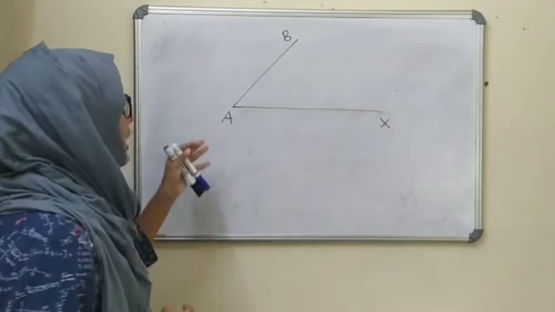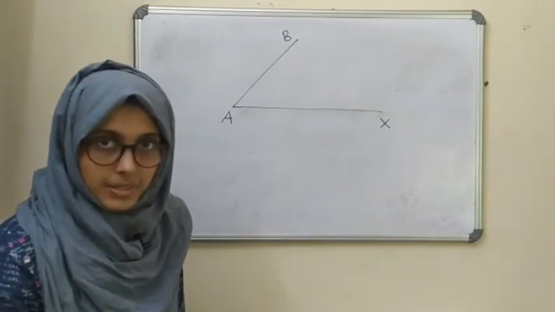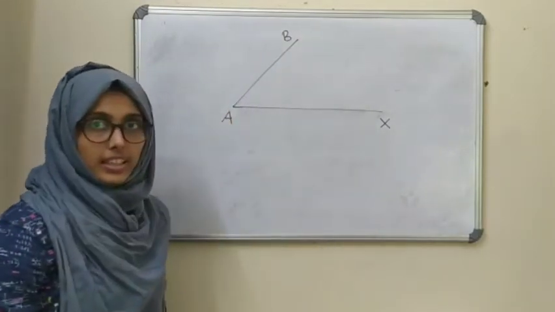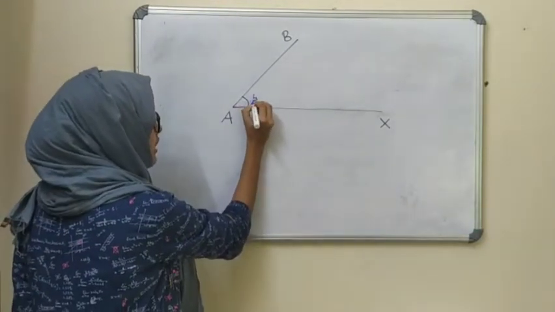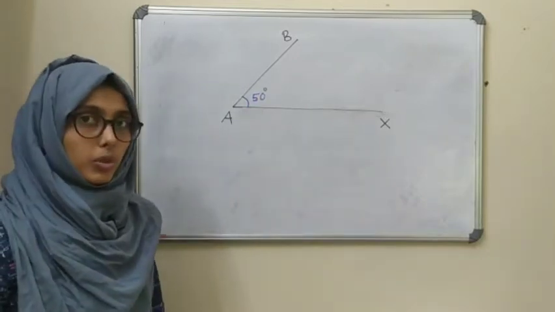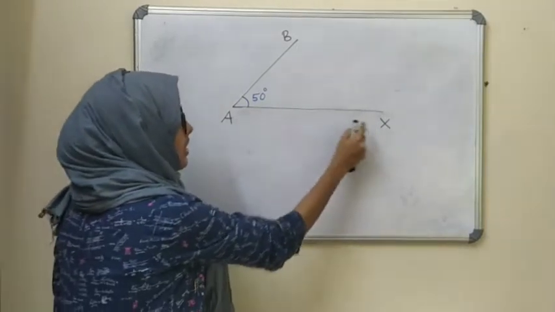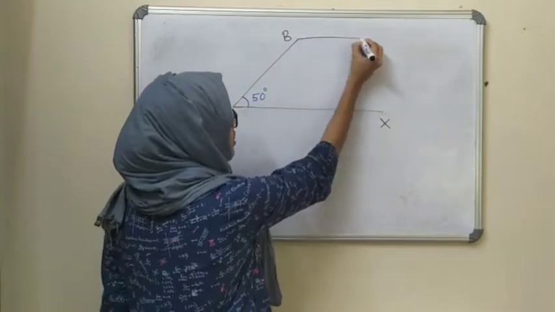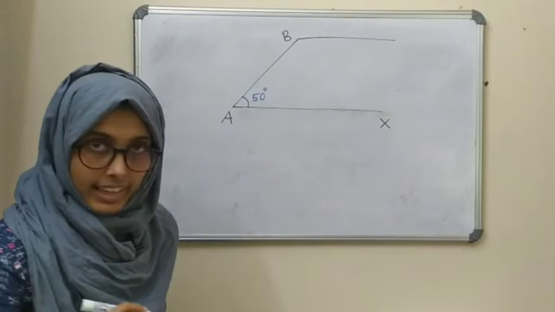Okay, look at this figure. You can see this is a line AX and a line AB is drawn here, and the angle here is 50 degrees. Now I am going to draw a line parallel to this line AX. So this is a line parallel to this line AX.